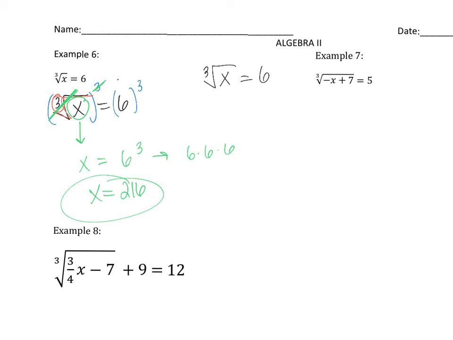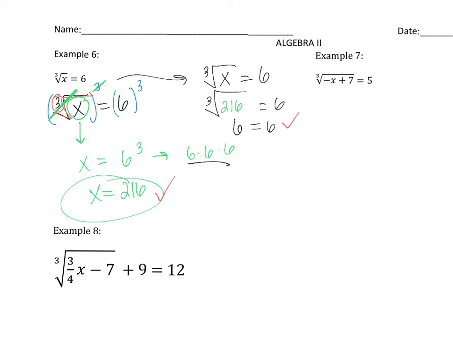So I write my original equation down, and then I'm going to plug in my x, which was 216, equals 6, okay? And like I just showed you guys here, I know that 6 times 6 times 6 is 216. So the cube root of 216 is 6. And 6 times 6 does equal 6, so we know that x equals 216 was the correct answer, okay?